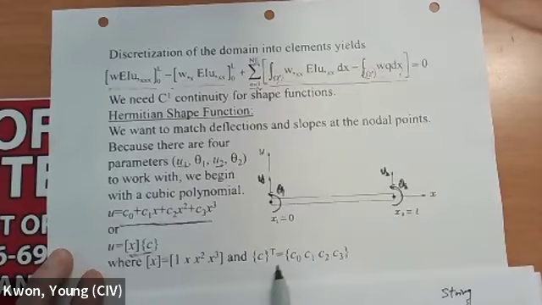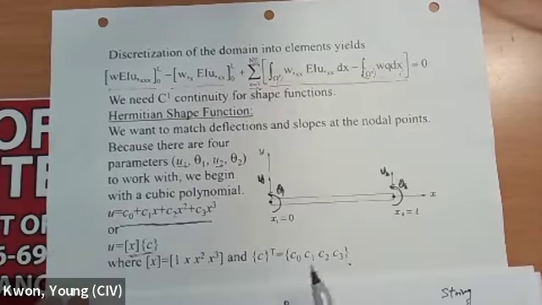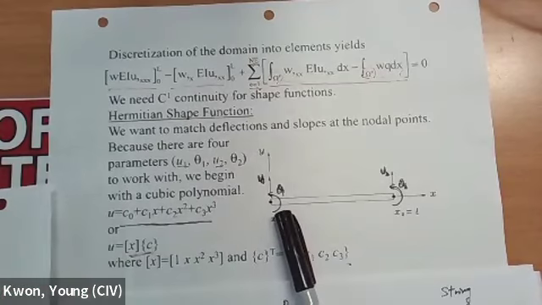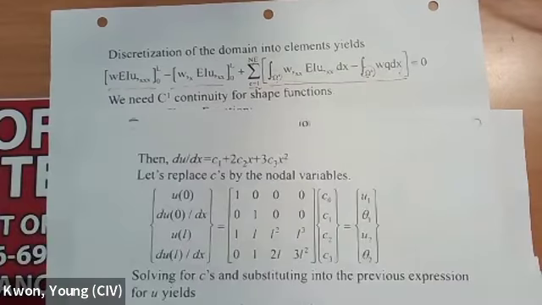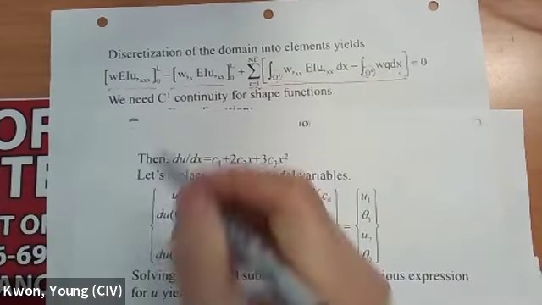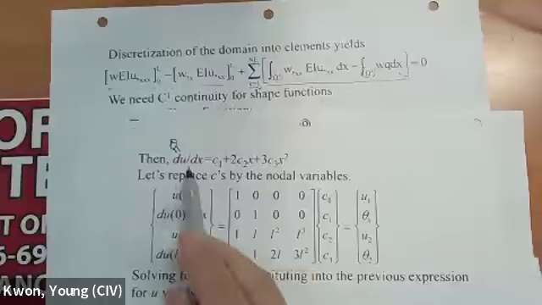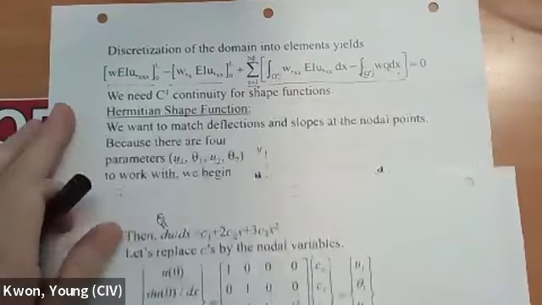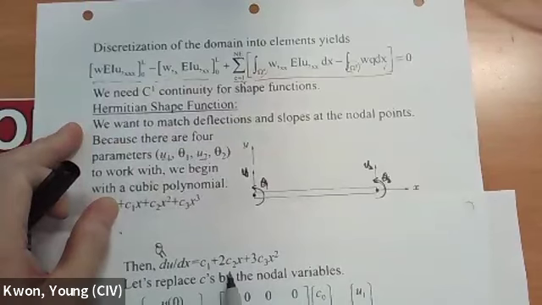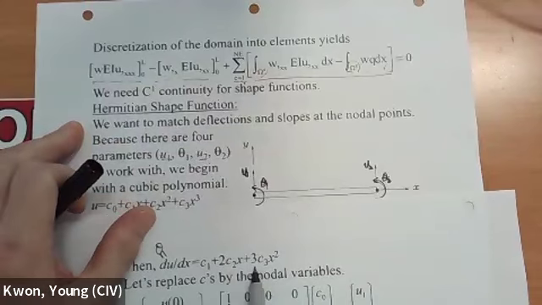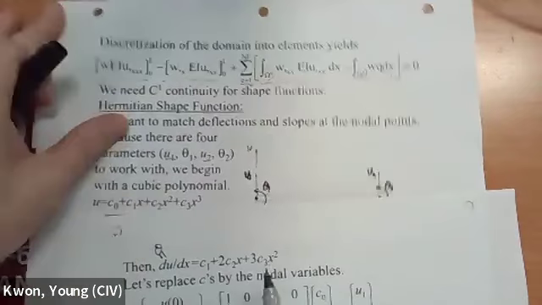If you write this in the standard way we have done, this is that. Then to develop the shape function, we follow exactly the same procedure, except that now we have to talk about the derivative. What is the derivative? I mean slope. Slope is the derivative. This is theta. Theta is equal to du dx. If you take the derivative, it's going to be 0, c1 plus 2 c2 x plus 3 c3 x squared.